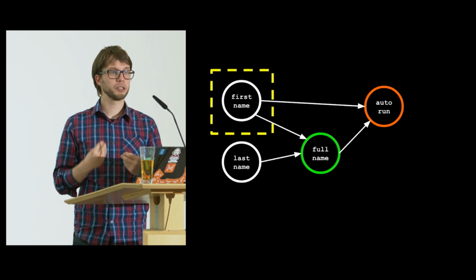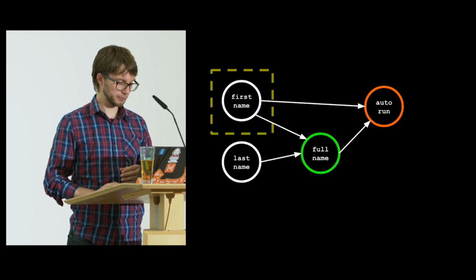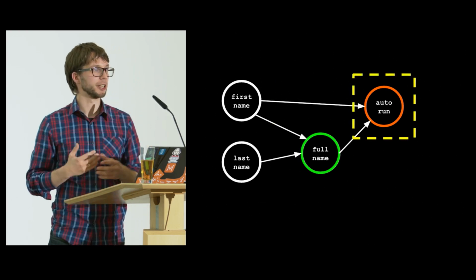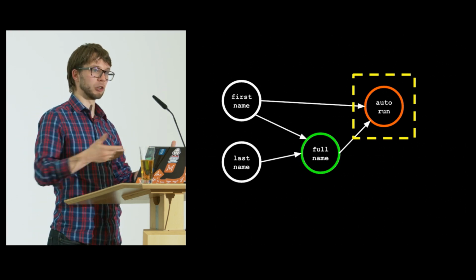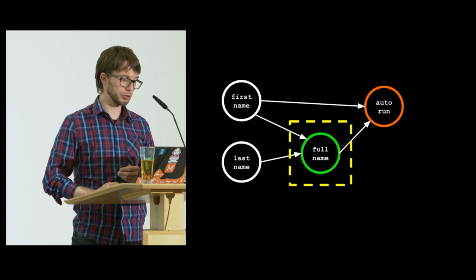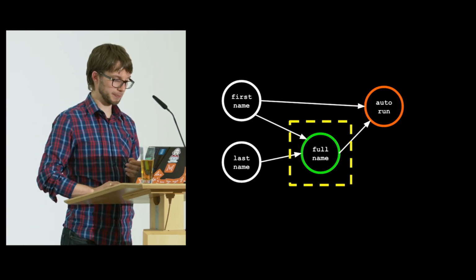So what happens if we change the first name? How does that propagate through the system? The first name changes, so the autorun is re-triggered. So we run the autorun. That's what we said in that loop: run all your observers. But also the full name is rerun, because that's another observer of the first name.